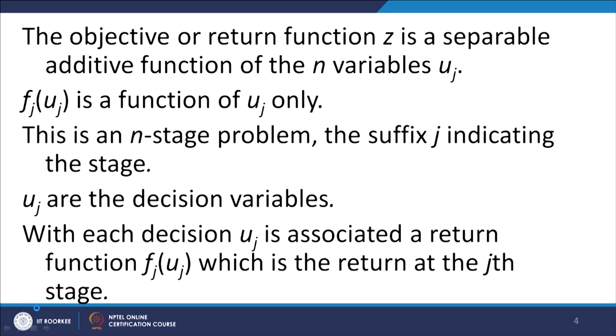Now the uj's are the decision variables. With each decision uj is associated a return function fj(uj), which is the return at the jth stage. So in other words, the given problem has been converted into a multi-stage problem like this.